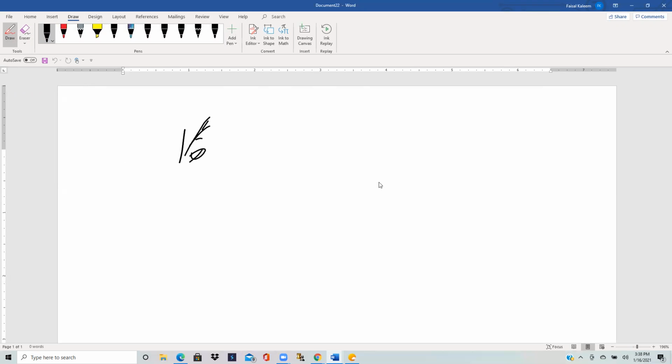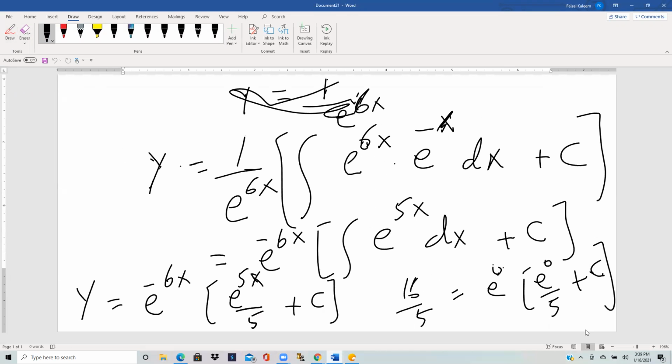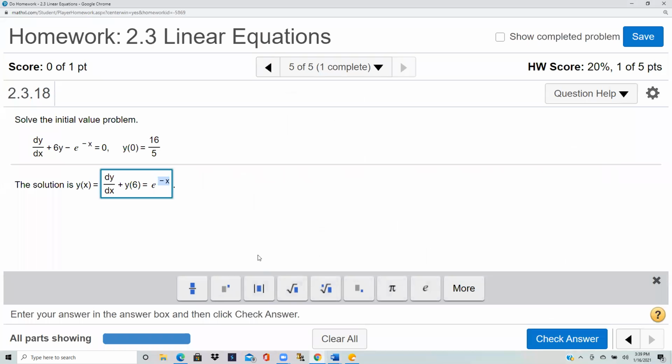And when you subtract 1 over 5, c is 3. And so our solution will be y equals e power negative 6x, times e to the 5x over 5 plus 3.